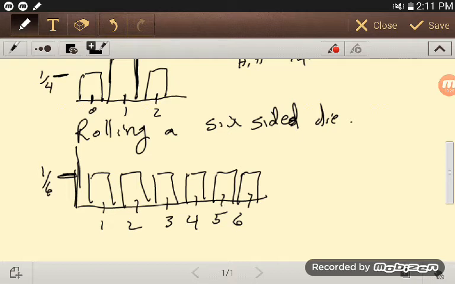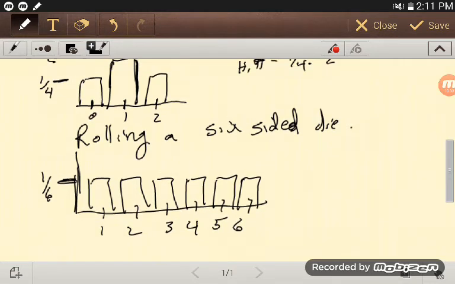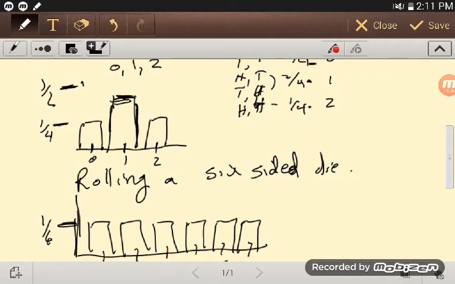I mean, what I notice about this population is everything happens equally. That wasn't true up here with heads and tails as far as number of heads. I would expect to get one head here twice as often as either 0 heads or 2 heads.